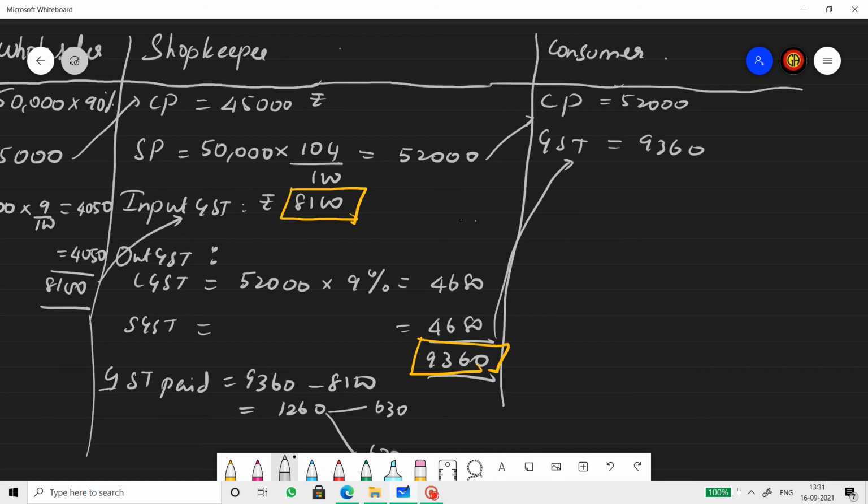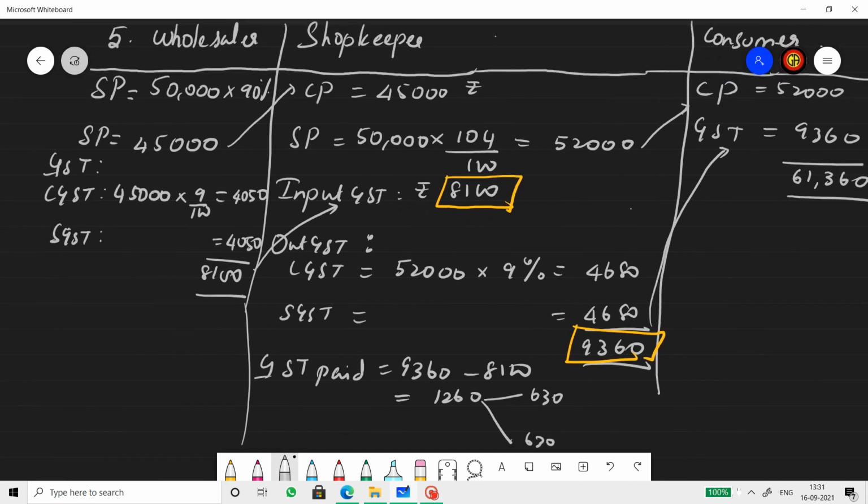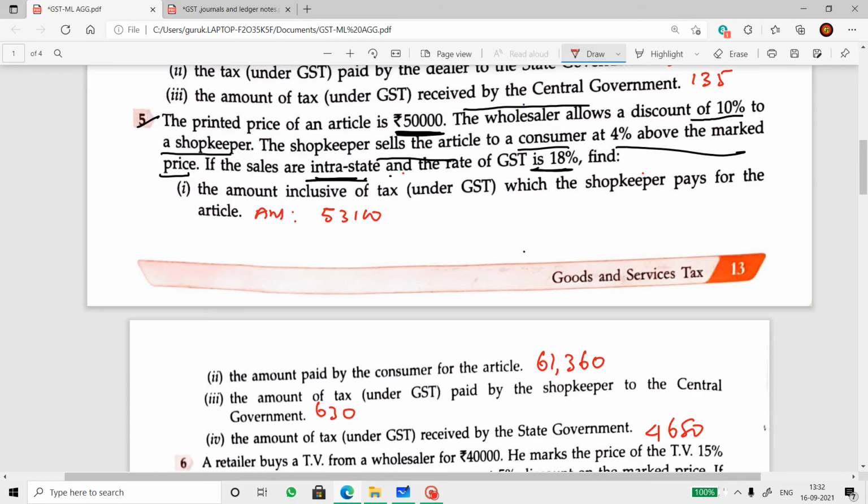So total price paid will be 52,000 plus 9,360, which works out to 61,360. So we are done with the calculation. Let us see whether we can answer the questions or not.